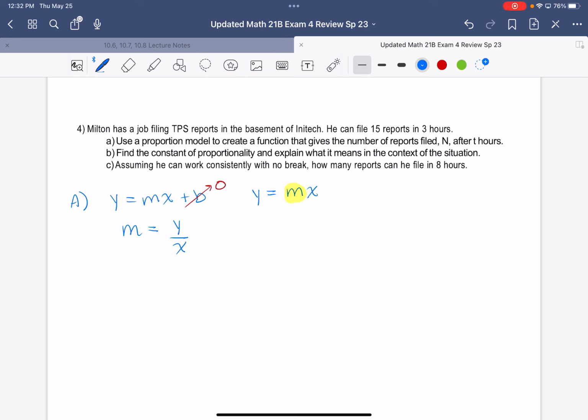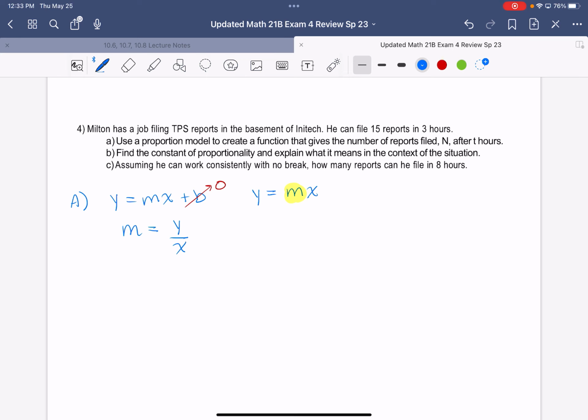We are given y and we are given x. In this case, what's our x, what's our y? 15 divided by 3. Yeah, exactly.